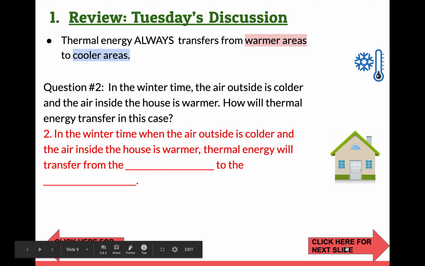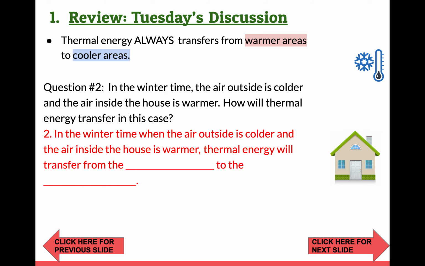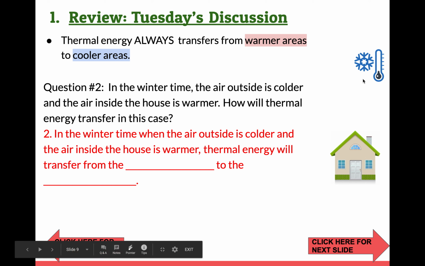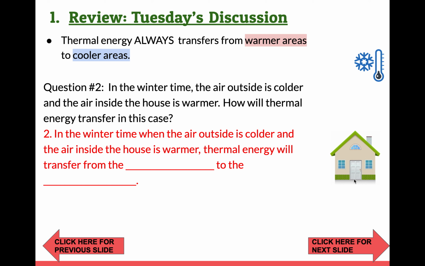So yesterday's discussion asked you, in the wintertime, the air outside is colder and the air inside the house is warmer. How will thermal energy transfer in this case? Well, we just said the air inside the house is warm and the air outside is cold. So the air inside is higher temperature, the air outside is lower temperature.